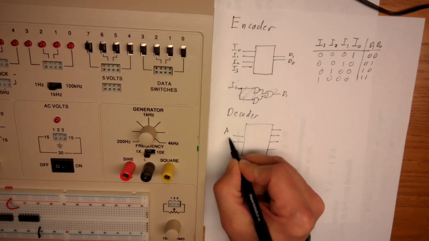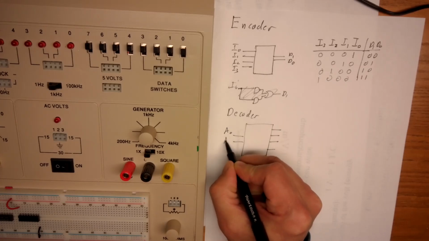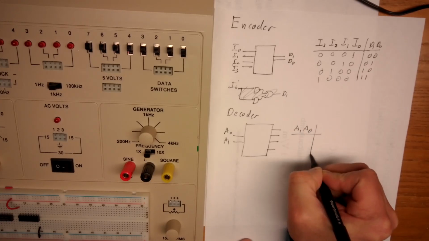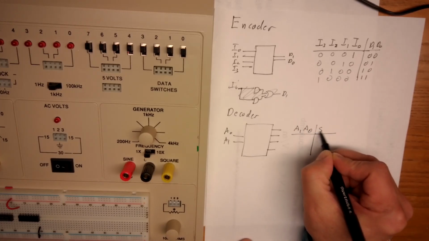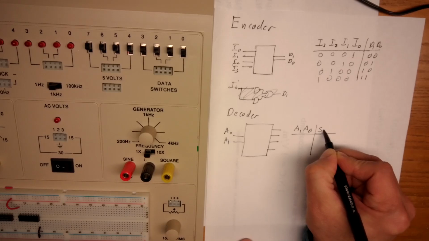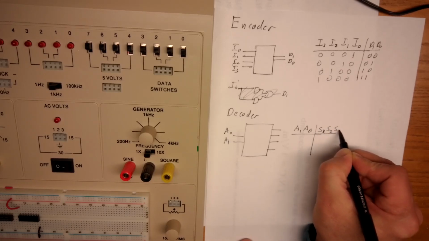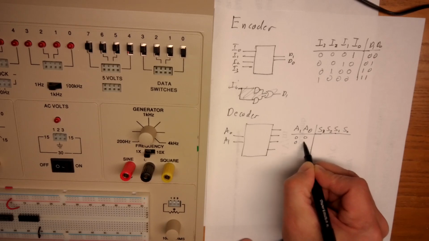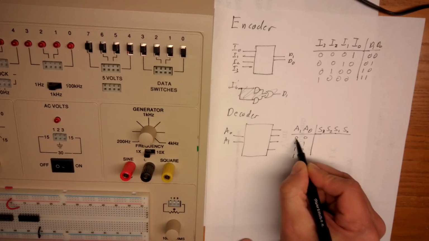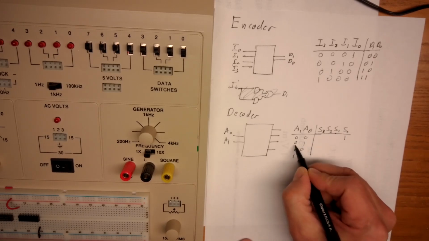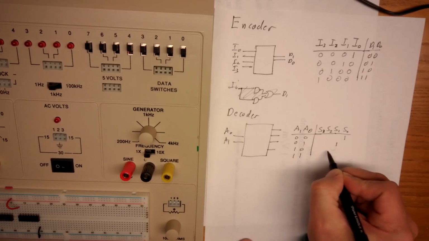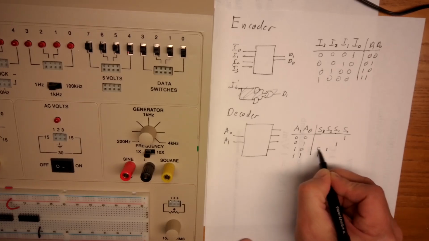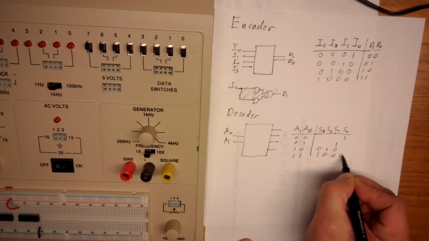Let's just call this A. And I'm going to have a select 3, select 2, select 1, select 0. If I select 0, I'm going to set that one. If I select 1, I'll set this one. If I select 2, I'll set this one. If I select 3, I'll set this one. And my other values are 0.